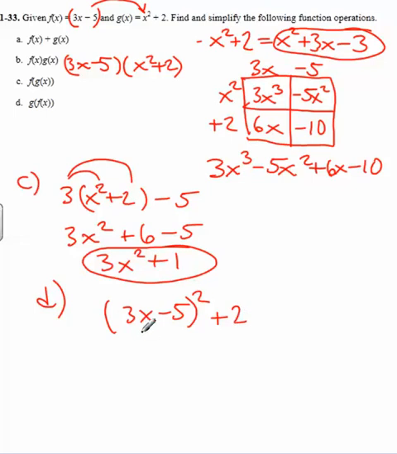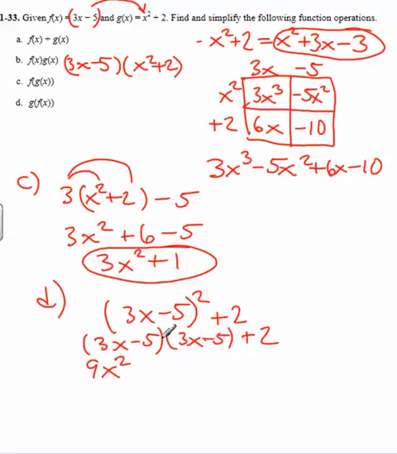So we need to simplify this. To simplify this, again, FOIL or generic rectangle. I will go ahead and just do a FOIL type strategy here. 3x times 3x, 9x squared.